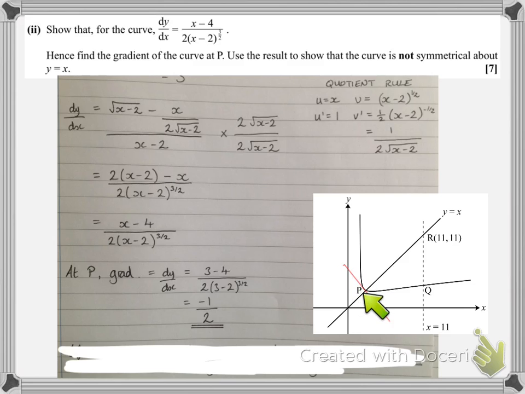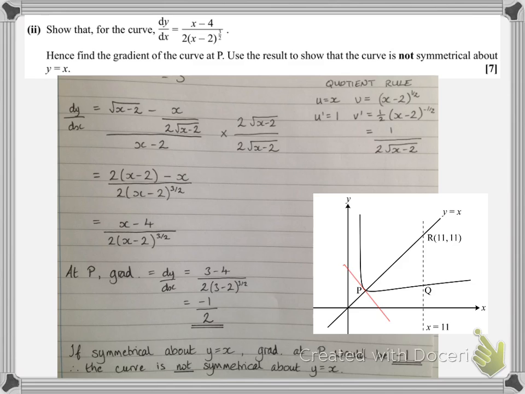So it would need a gradient of minus 1. However, we've got a gradient of minus a half. So we can state that if it was symmetrical about y equals x, the gradient at P would have been minus 1, but in this case it's not symmetrical about y equals x, because we have a gradient of minus a half.